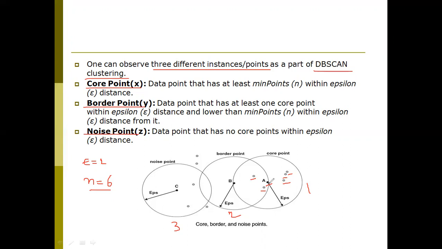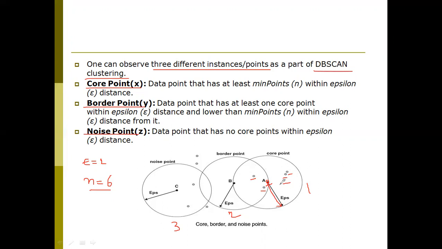And this is a center point. Here A is the center point for this cluster. From this center point, it has taken the epsilon value. Let's assume that is 2 centimeters. So it's the epsilon value. After taking this epsilon value, it has drawn one circle.